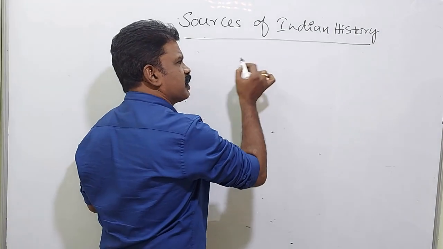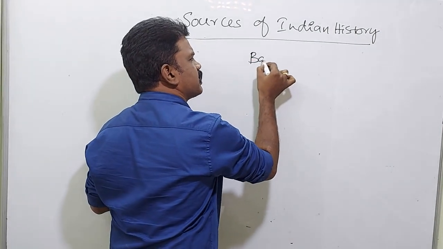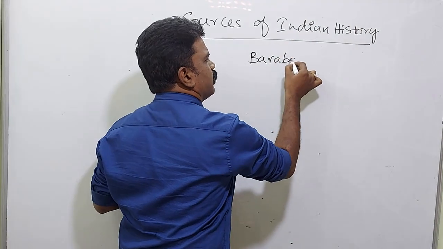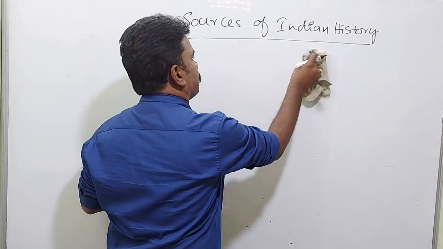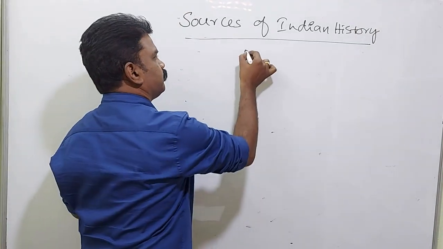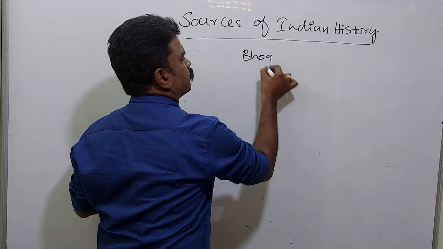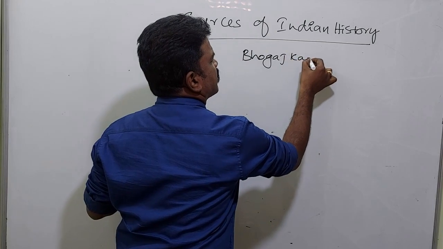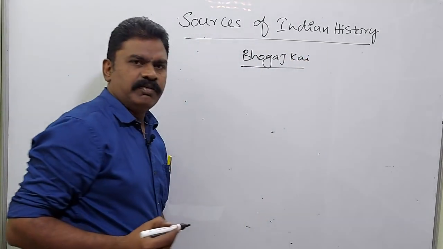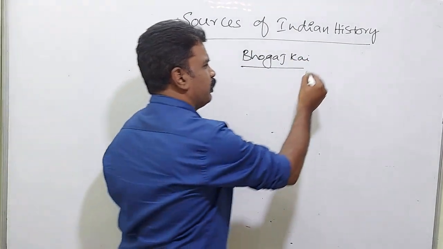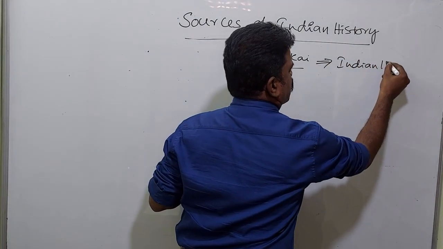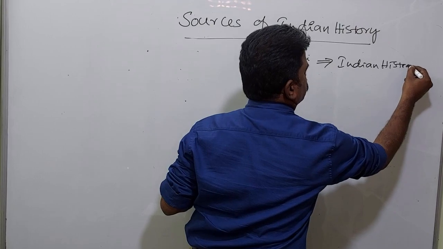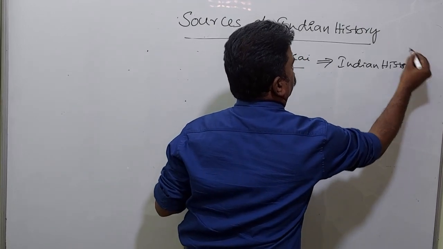For example, the first and foremost inscription which speaks about Indian history is the Bogaskaya inscription.